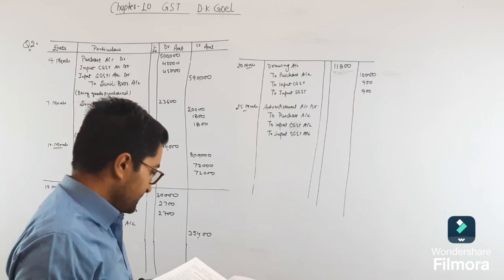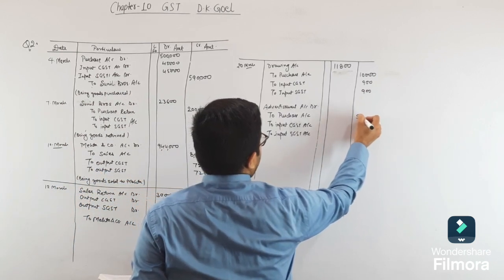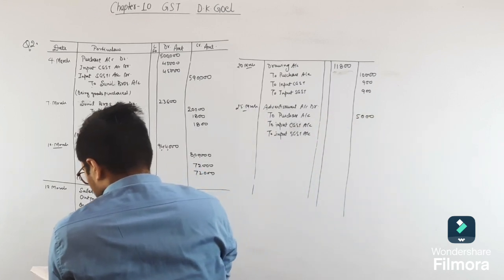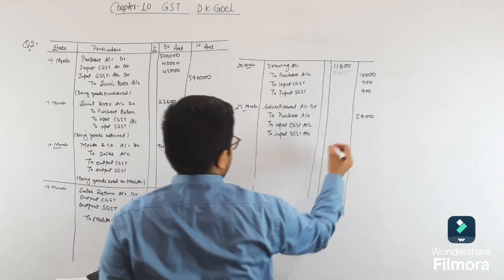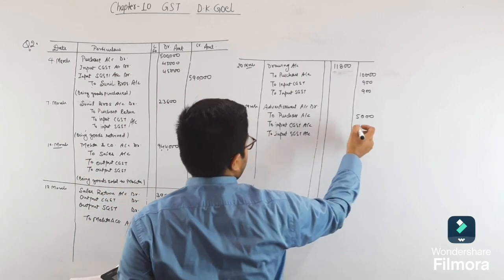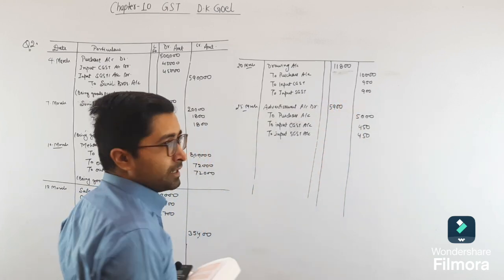Entry will be purchase 5,000. Goods is reducing by 5,000. CGST 450, SGST 450, total 900. Clear है?